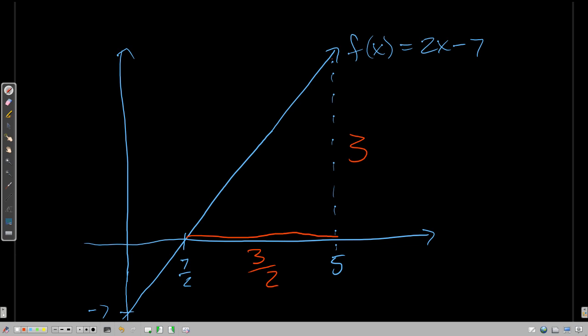3 halves by 3. That's half of a rectangle with sides 3 halves by 3. That's this area.